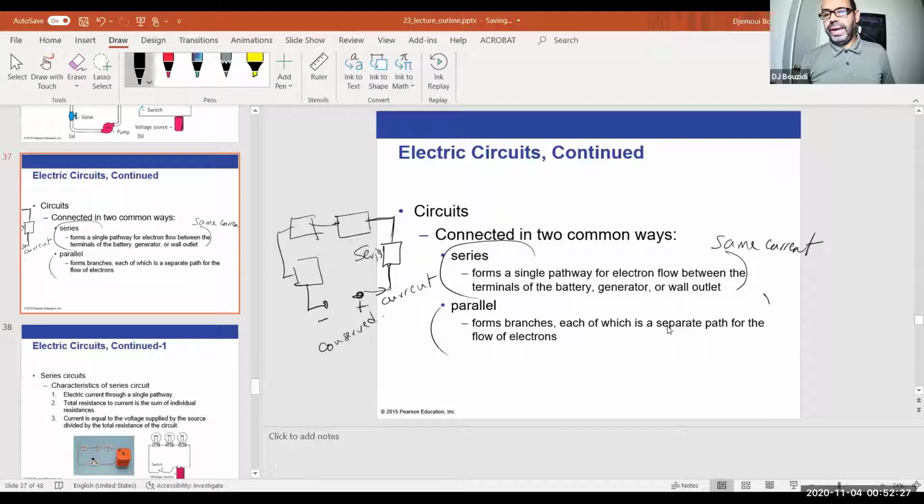The parallel, on the other hand, is not the same current, it's the same voltage. So I have to take, for example, my positive node in here, connect it to this device, and connect it to the negative side, and then take it from the positive side of the battery again and connect it to another device in here, okay? And then connect back to the negative side. So these two are at the same height, and these two are at the same height.